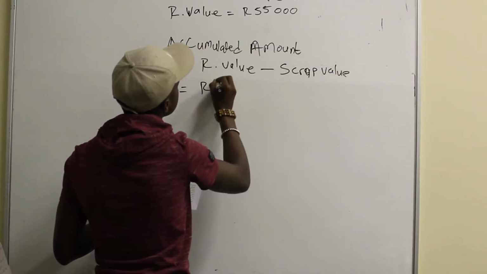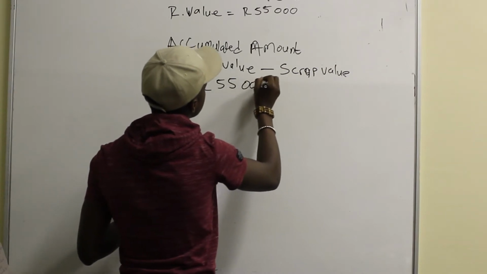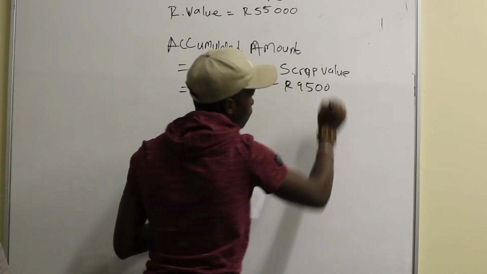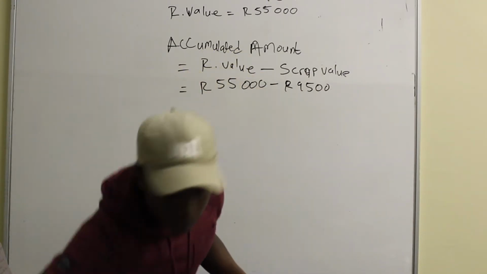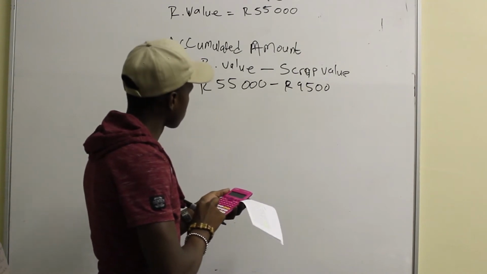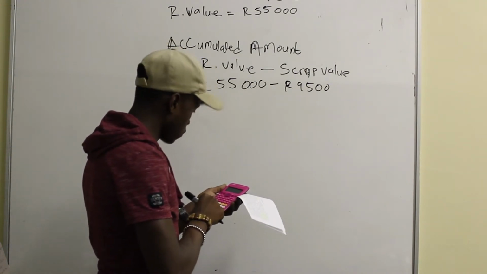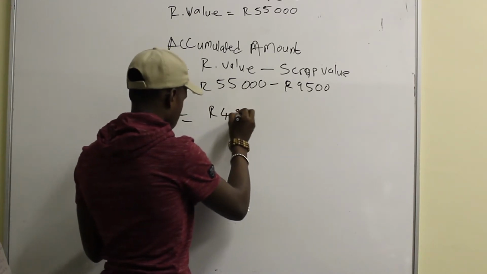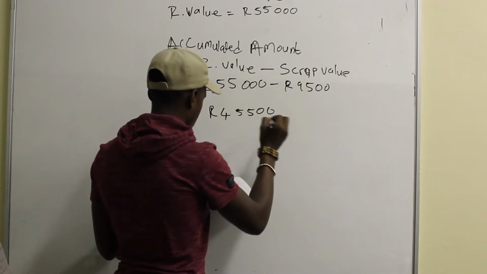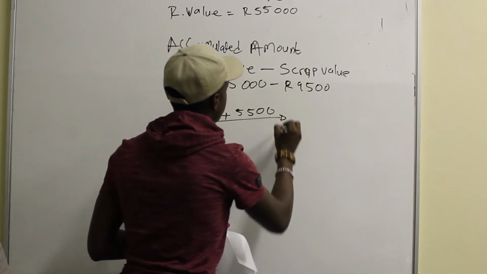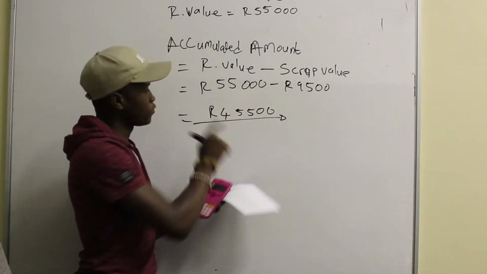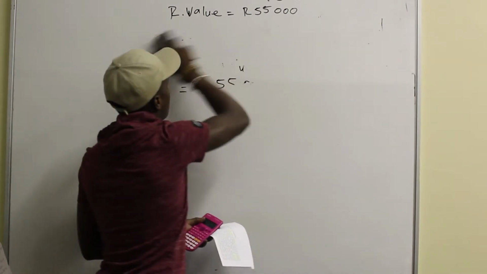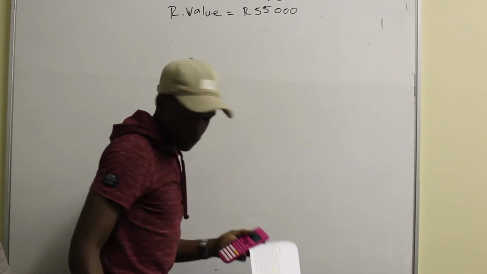So 55,000 minus 9,500. The answer is 45,500. Get this answer and write it down somewhere else. Now I should write the timeline for this question.